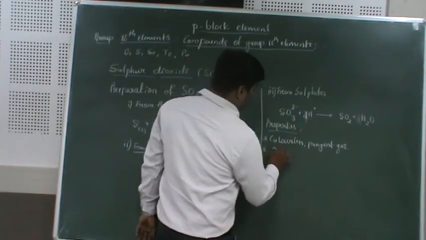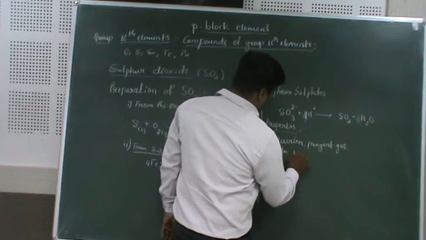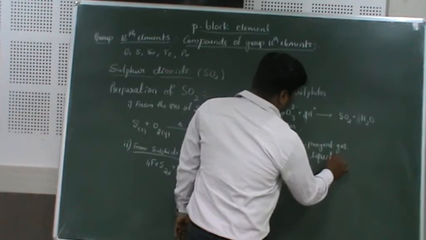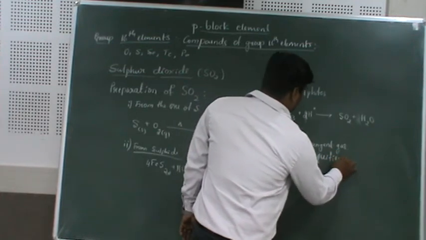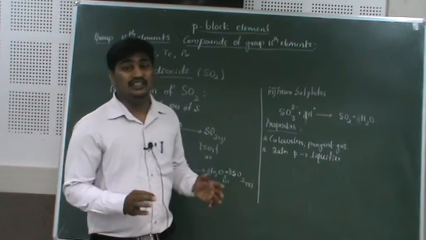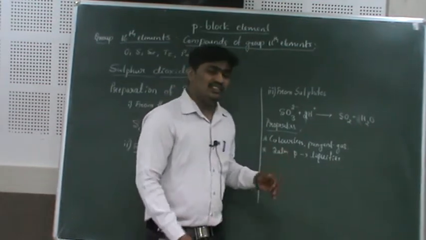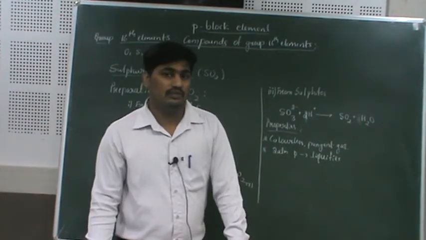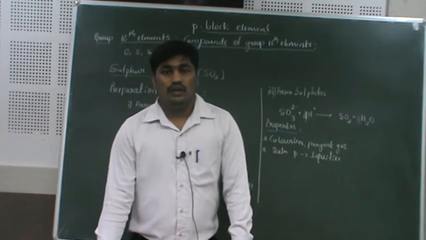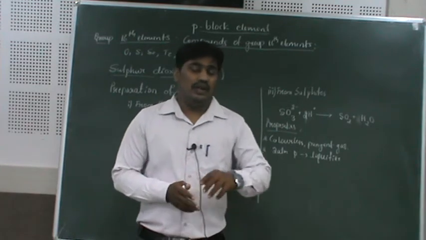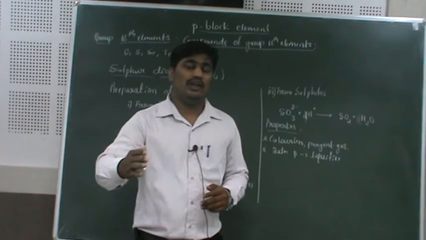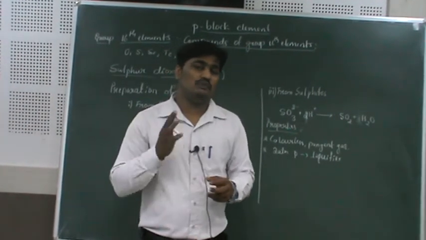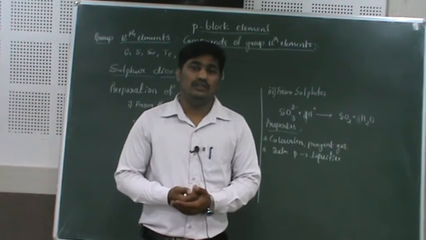These are general things, but for knowledge purposes we need all of them. When you just apply pressure on sulfur dioxide gas, it gets converted into a liquid state. Otherwise, in ordinary conditions, at room temperature and 1 atmospheric pressure, it is a gas. You just decrease the temperature and apply a small amount of pressure, and it gets converted into a liquid.